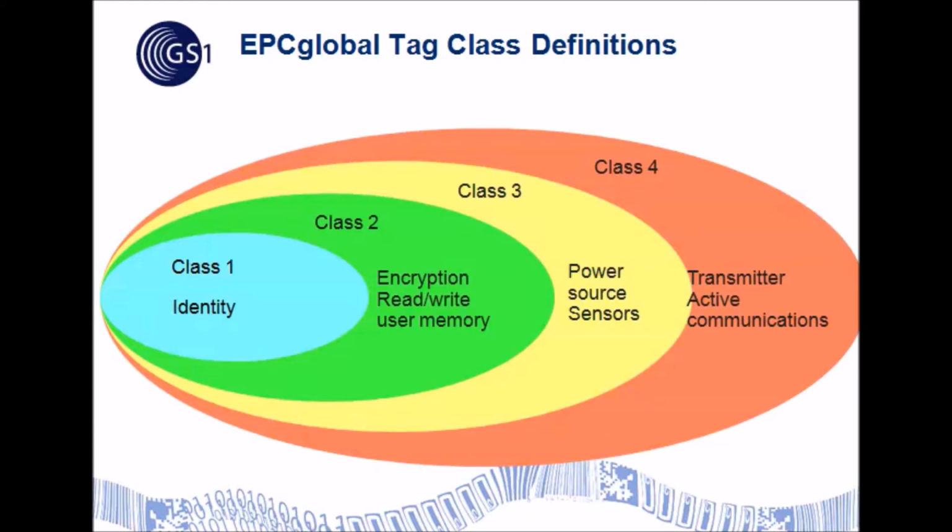Class 1 RFID tag will be a passive RFID tag. It has the basic functionalities as they generally only provide or give the identity information.